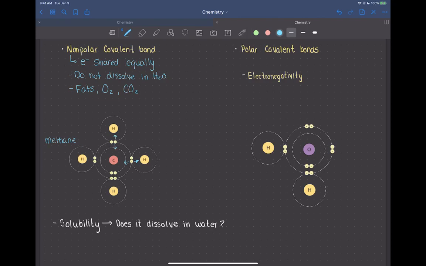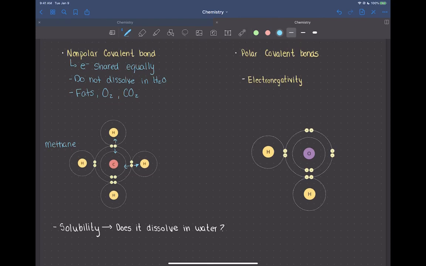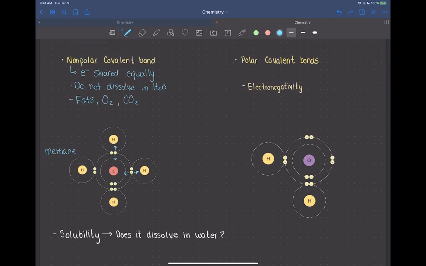All right, so then on the other hand, we have polar covalent bonds. All right, for polar covalent, electrons are not shared equally. Okay, and so typically this means that there's going to be some element present that is really strong, like it's the boss of that electron tug of war, right? So it's super, super strong.